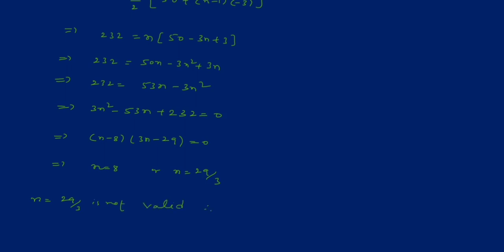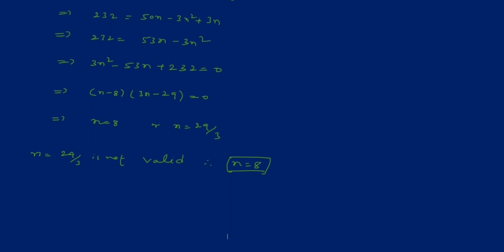So then we go for n equals to 8, it is nothing but our required number of elements. So in the next step, the last term we have to find again here. So the last element, L equals to a plus n minus 1 into d, which is equals to, value of a is 25.